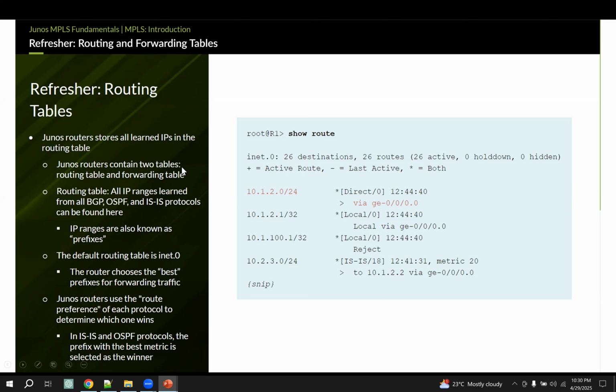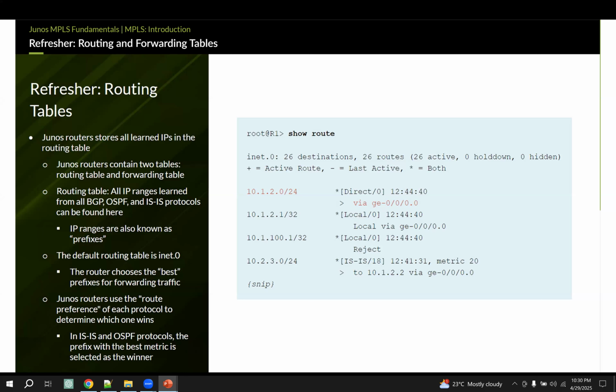Junos routers contain two tables, the routing table and the forwarding table. The routing table has all available paths, but the forwarding table has only the best path. In the routing table, all IP ranges learned from BGP, OSPF, and ISIS protocols can be found. IP ranges are also known as prefixes. So the routing table is populated from different routing information sources or different routing protocols.